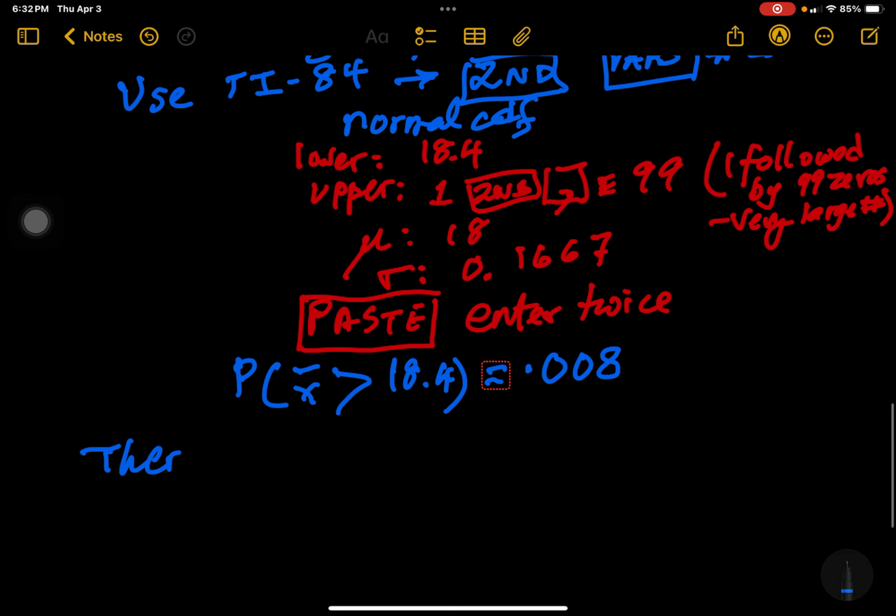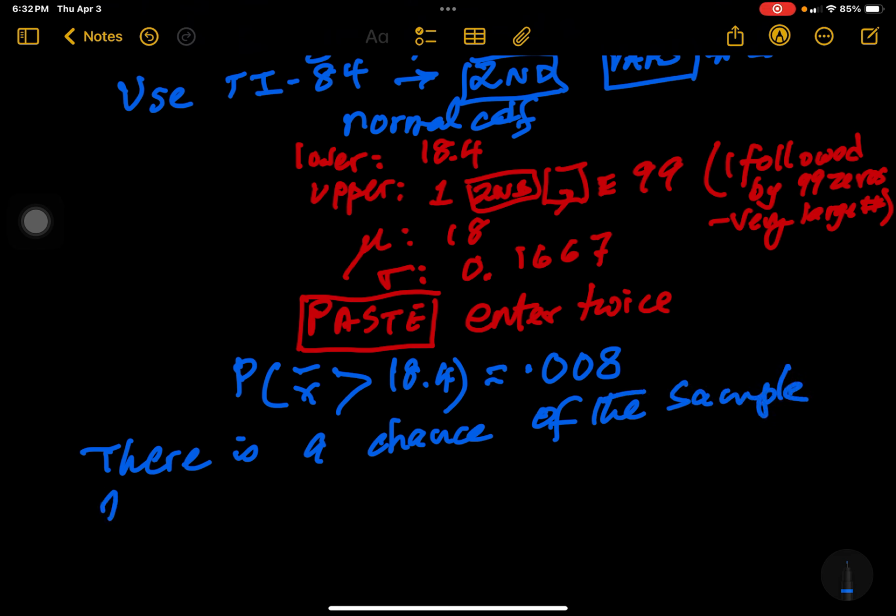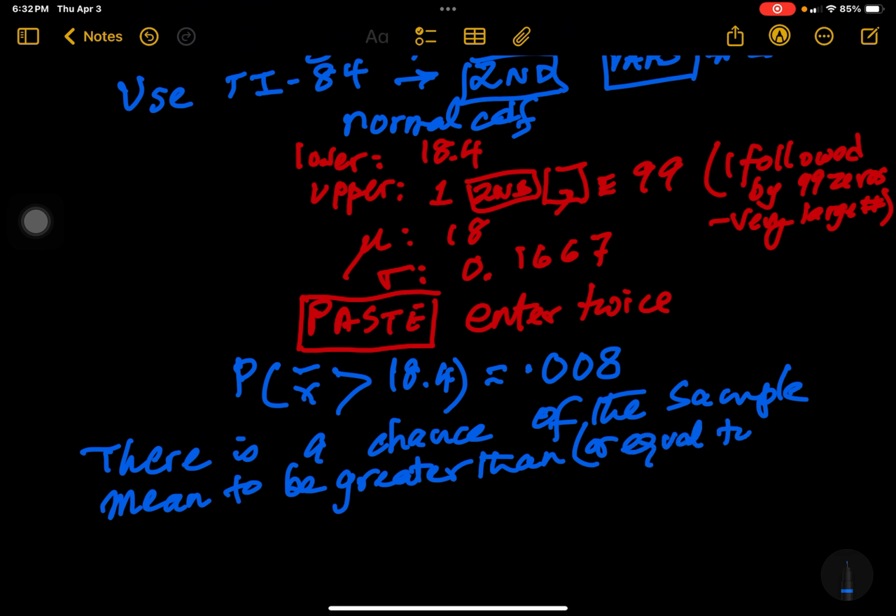There is a 0.8% chance of the sample mean to be greater than, or at the same time greater than or equal to, 18.4.